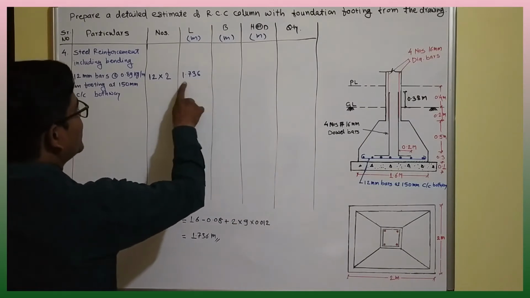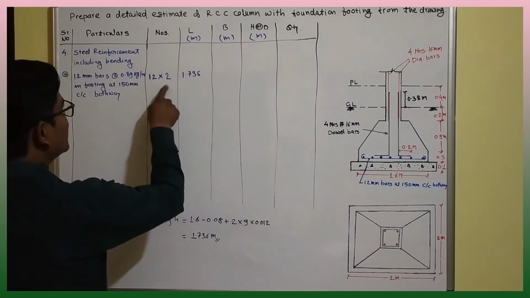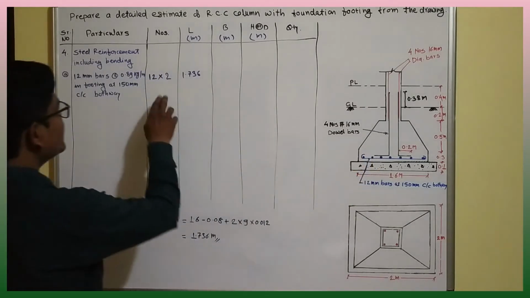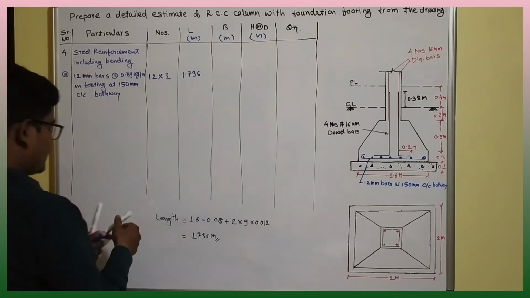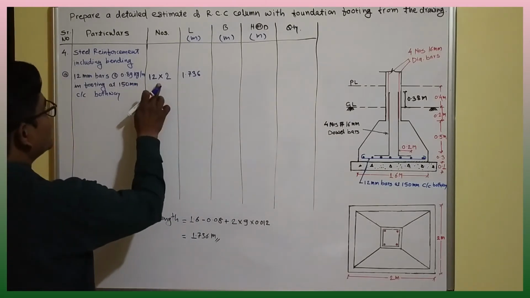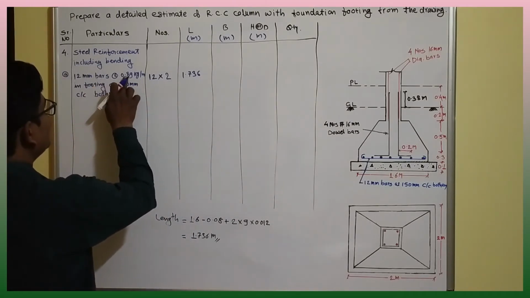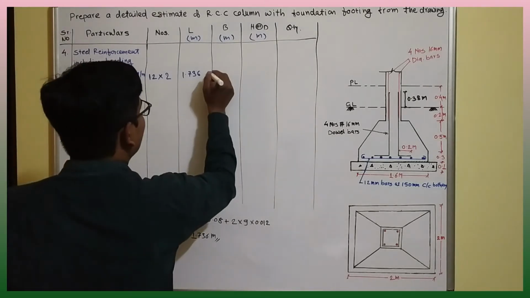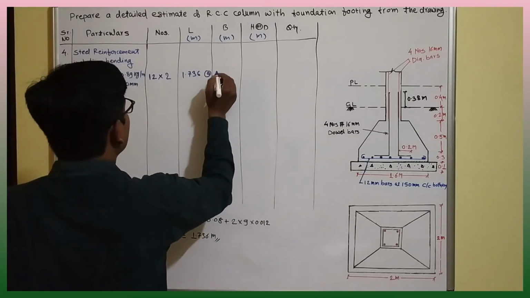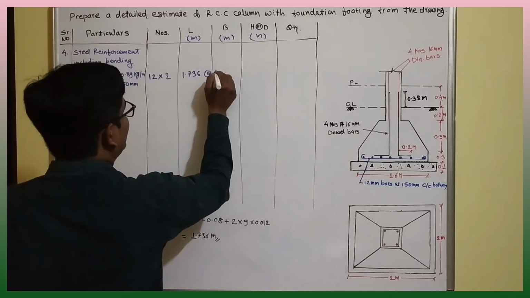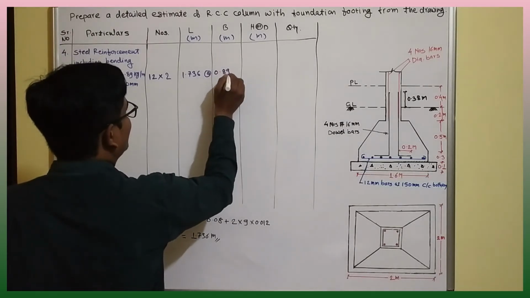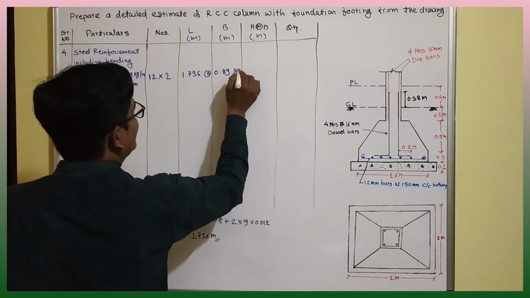Now we have the length of the steel bar, the total number of steel bars in x direction and in y direction, and similarly we have the weight of the steel bar per meter, that is 0.89 kg per meter.